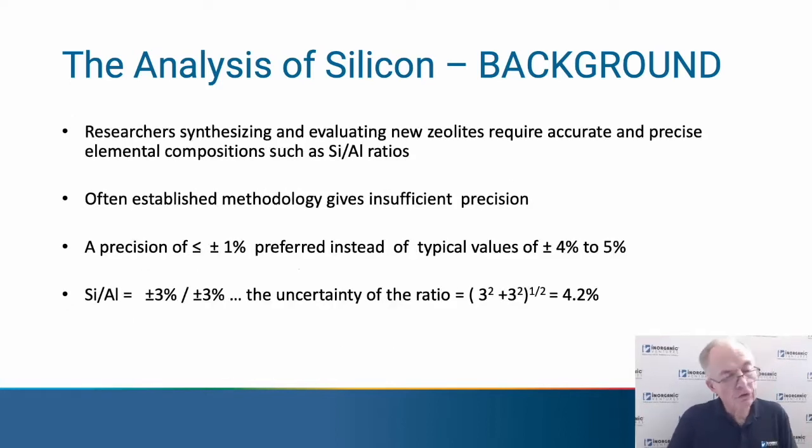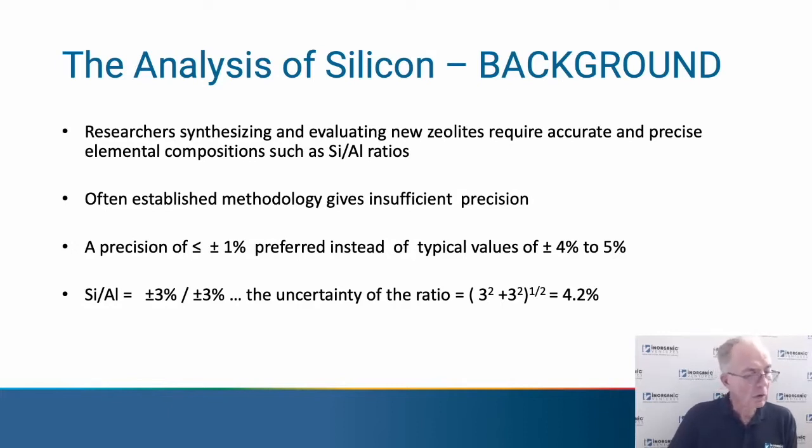These researchers are folks that are synthesizing these zeolites and modifying their structures by changing the amount of aluminum that's in there and causing the silicon aluminum ratios to go down. Now, when I was first made aware of this problem of precision, typical values were around 4 to 5%.